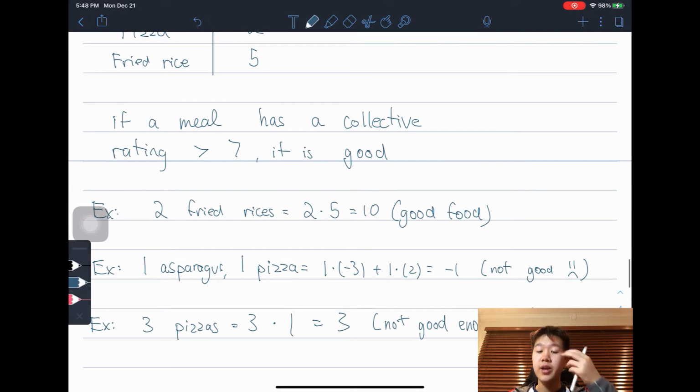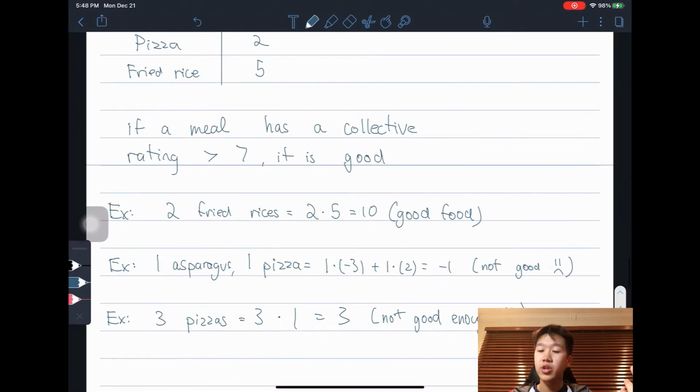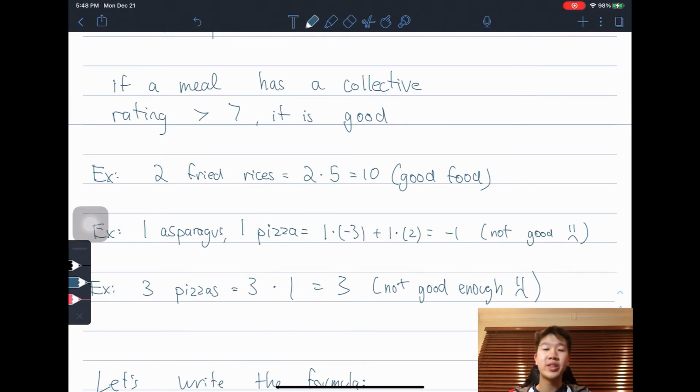So, for example, if I have 2 fried rice, it will be 2 times 5, the rating of fried rice, which is equal to 10. So this is really good food. And if I have 10 fried rice, hallelujah. But if I have 1 asparagus and 1 pizza, it'll give me 1 portion times -3, the rating of asparagus, plus 1 times 2, the rating of pizza.